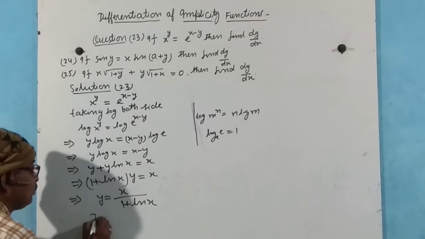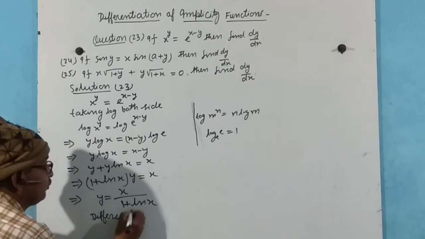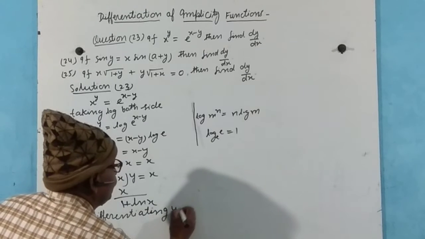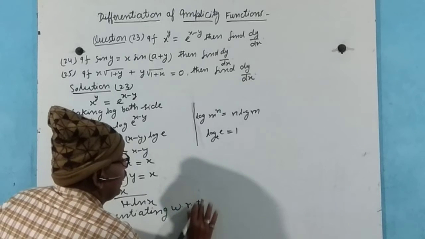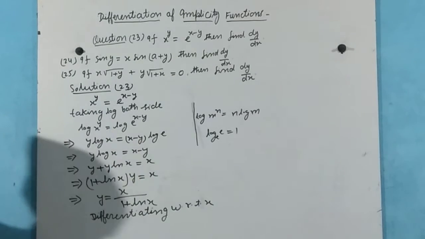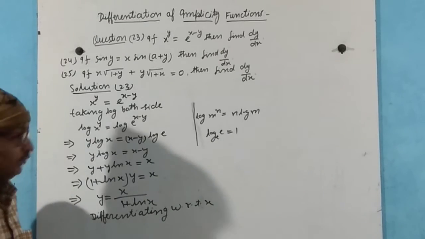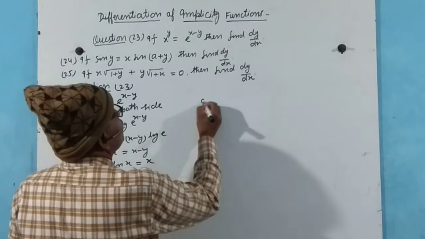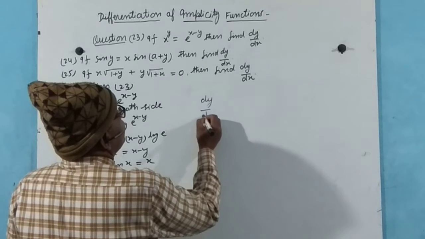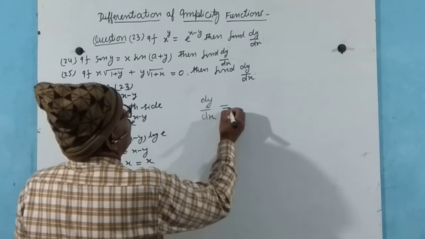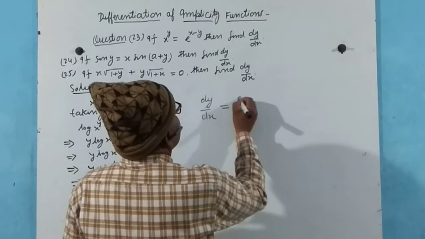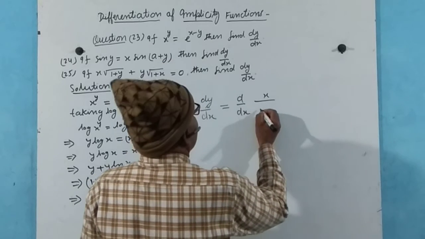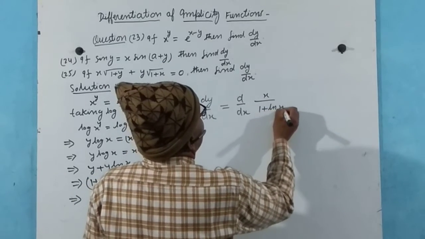Now in this case, differentiating with respect to x, we get dy by dx equal to d by dx of x by 1 plus log x.